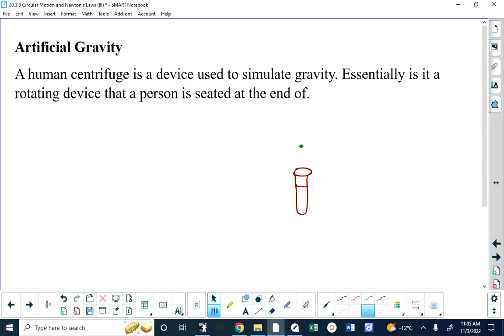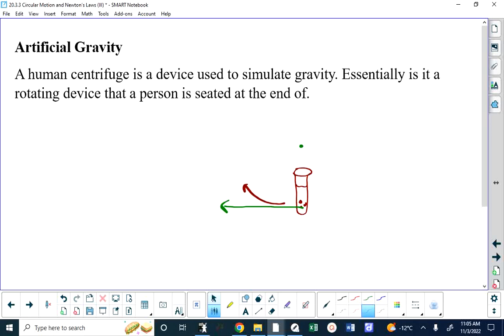And when this thing spins, the particulates, the precipitate, end up getting kind of pushed to the bottom. Now, they don't really get pushed to the bottom. What happens is the lumps of material in here at this point in time are moving this way, aren't they? So they move that way, but the test tube moves out of the way.